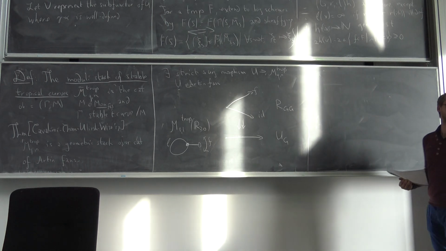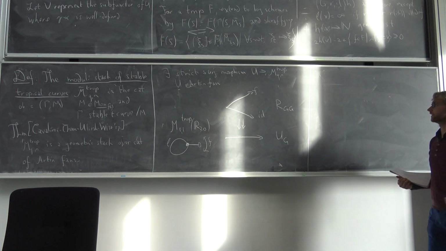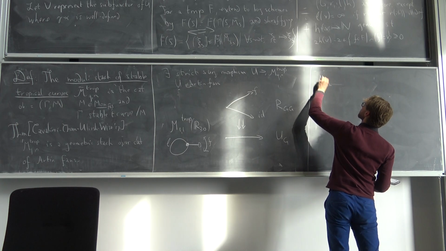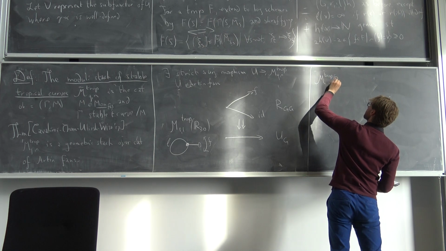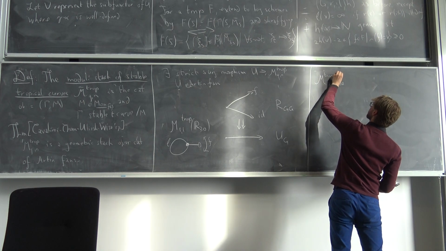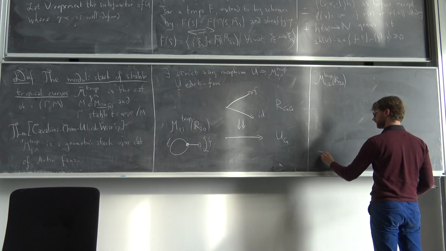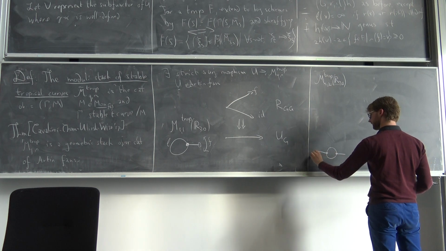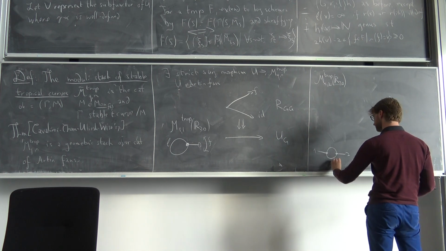This was kind of a boring case because we only had one graph. In the case of M12, we have two graphs. Namely, we have this graph, which I'll call G1.